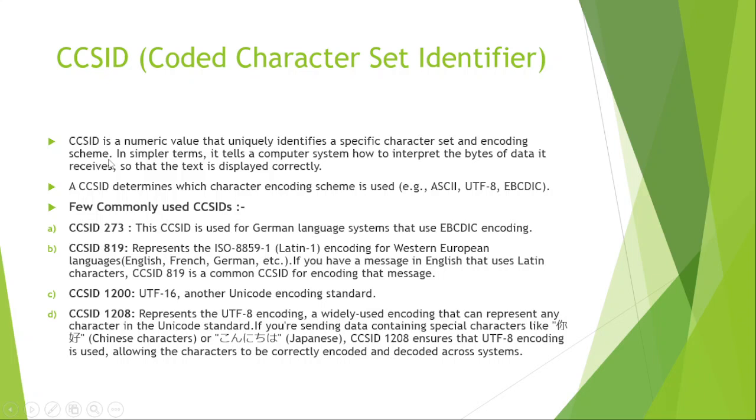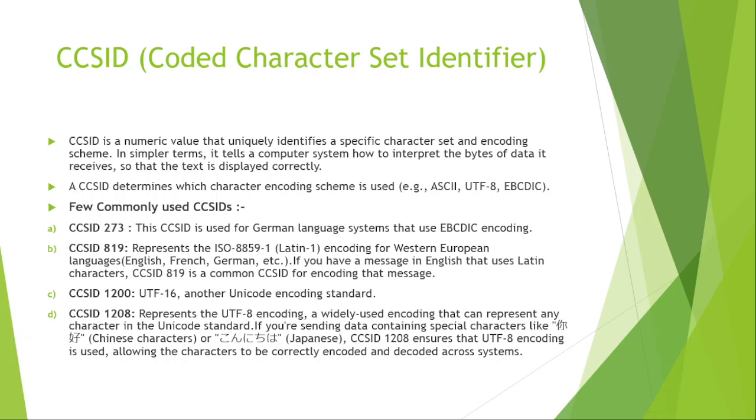So in simple words, what is CCSID? CCSID is a numeric value that basically allows a few of the characters to do encoding. You know that under UTF-8 everything is allowed, right?